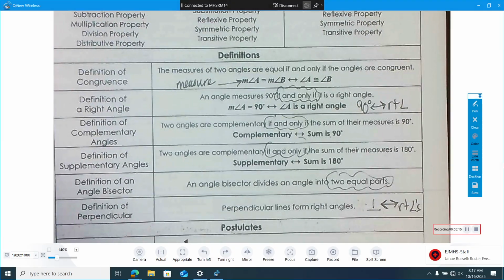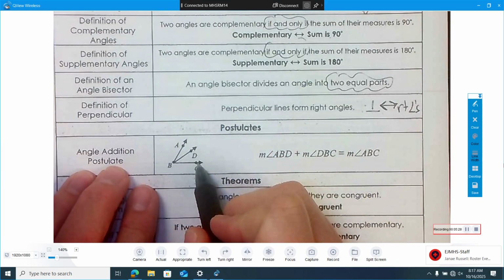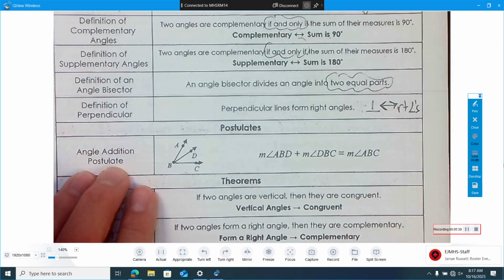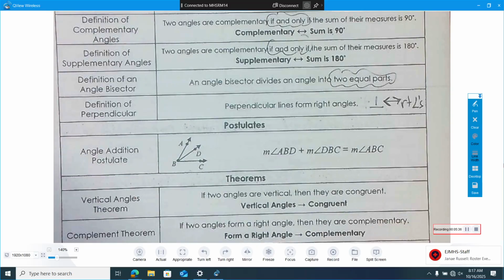We have the angle addition postulate. What's that? Little angle plus little angle equals the whole angle. If it was an angle bisector, you could say half plus half equals whole, if it got bisected exactly in half.